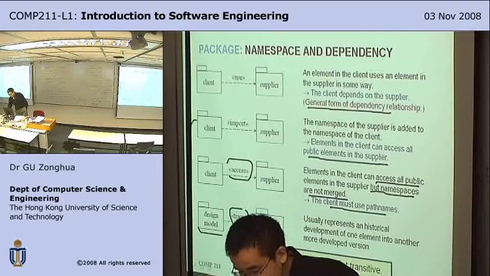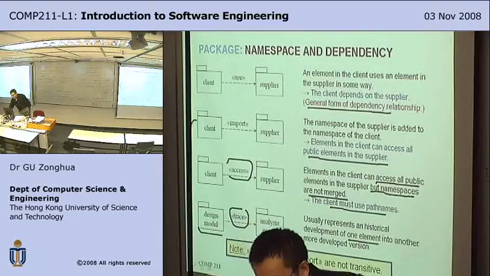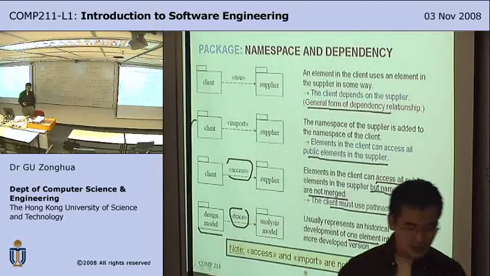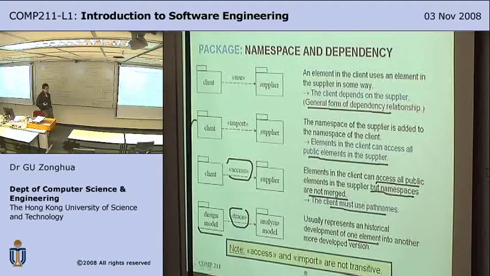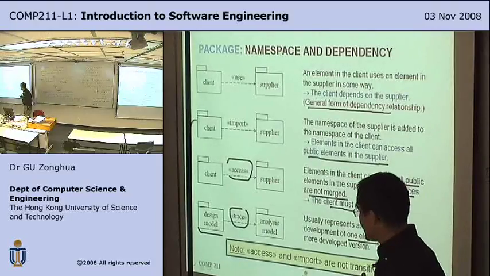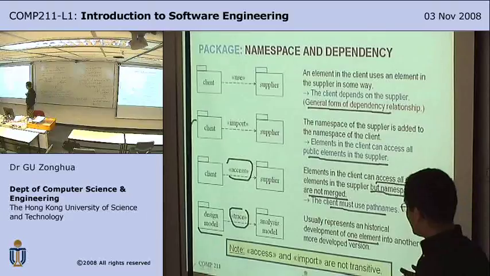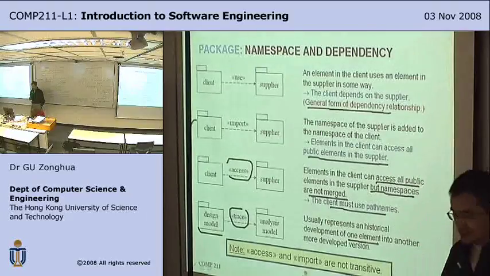So this is development of one element, a more abstract element, perhaps an abstract professor class in an analysis model, which is turned into a more refined, more developed professor class with more detailed definitions of the attributes and operations.